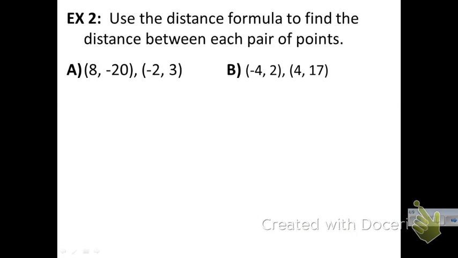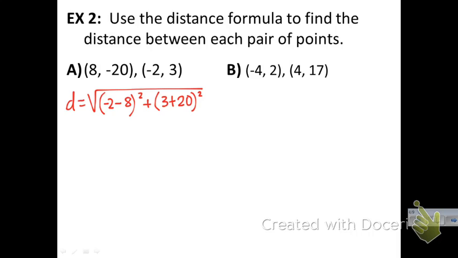So in example 2, we're going to find the distance. Instead of graphing these, we're going to go ahead and use that formula. We're going to take -2, which is our x2, minus our x1, which is 8, square it. And then we'll take our y2, 3, minus a -20. So that will become plus 20.